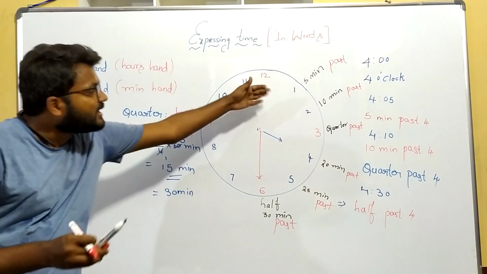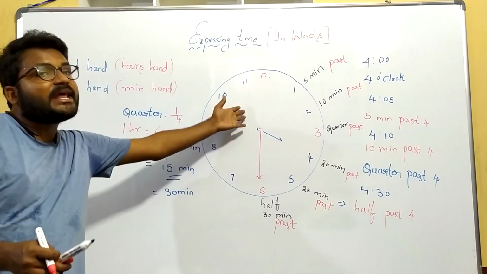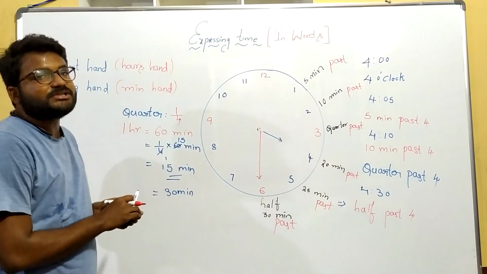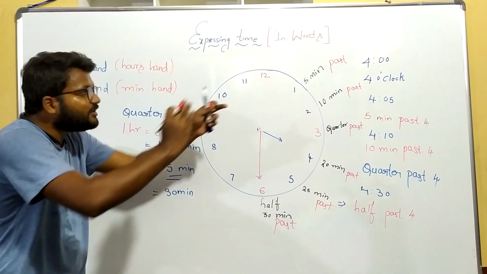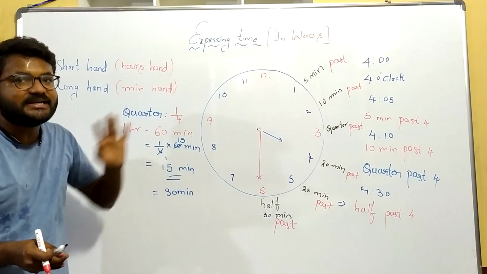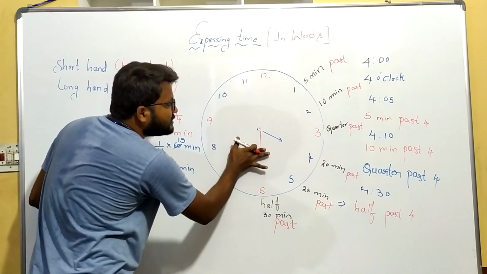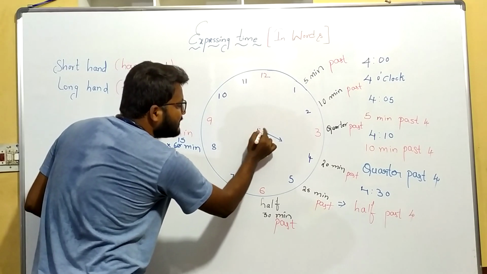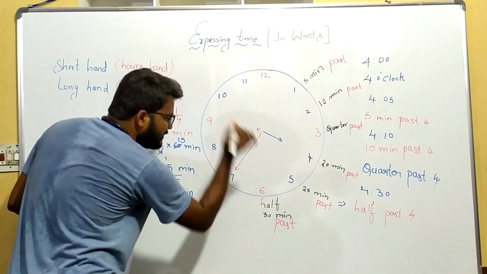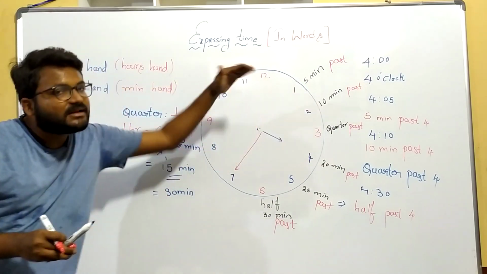Now it completed the half rotation, right? And it enters the next half rotation. So when it enters the next half rotation, we don't mention that as 35 minutes past and 40 minutes past. See here, when the long hand shows 7, now we want to go to the next hour after 4.